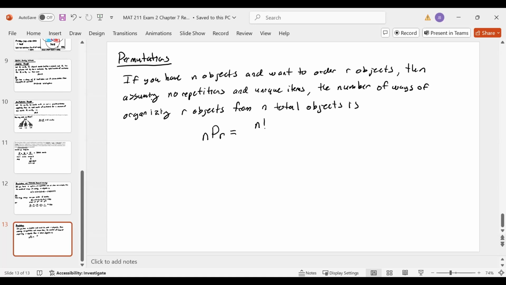So it's going to be n factorial over n minus r factorial, like that, okay?